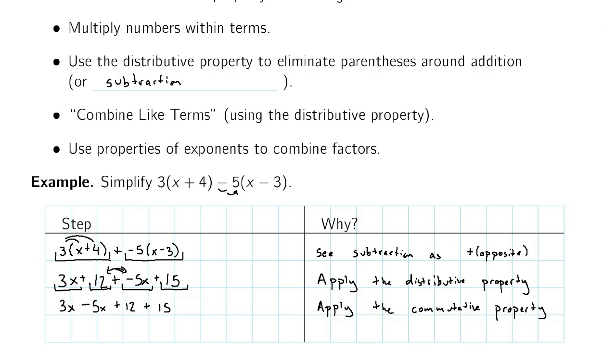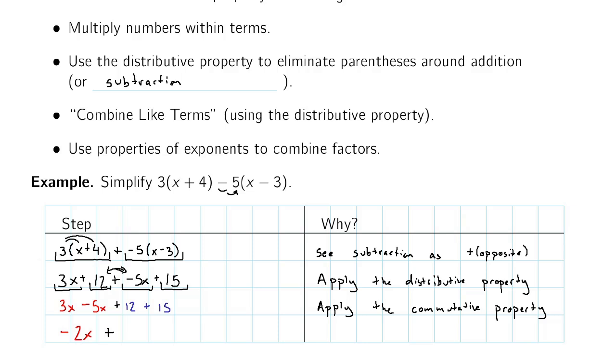But now it's easy to see that I have two pairs of like terms here, right? My 3x minus 5x, those two have x as their only variable. I can combine those by subtracting the coefficients, and I'll get negative 2x.